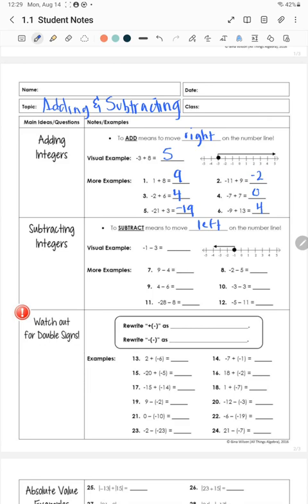A trick for this would be, I'm sure this is just review, you add the opposite. So we move to the left 3 more times. If we started at negative 1 and moved over 1, 2, 3, we would end up at negative 4.